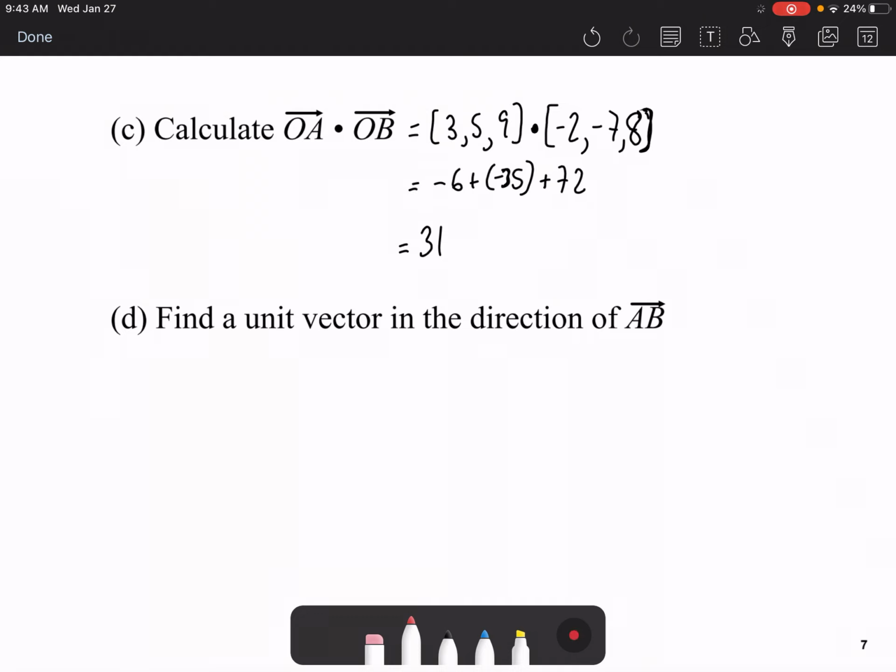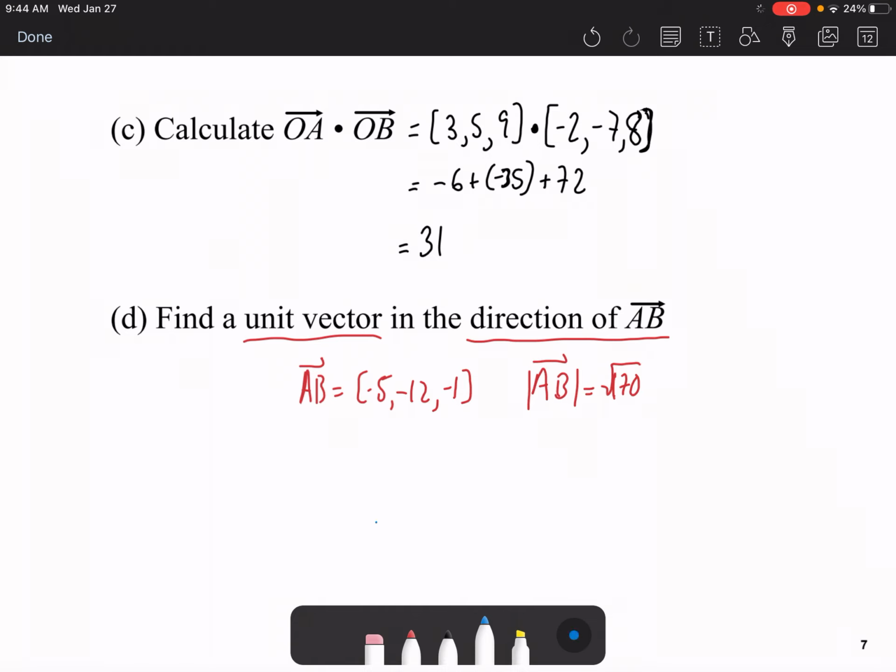And as well, to find a unit vector in the direction of AB, all we need is the vector AB, which we already found, which is negative 5, negative 7, and, my apologies, it was negative 12, and negative 1. And we also need the magnitude of AB, which we found was square root of 170.